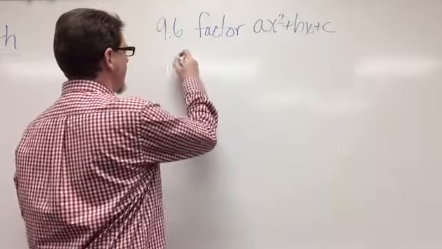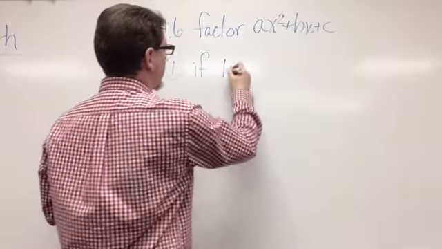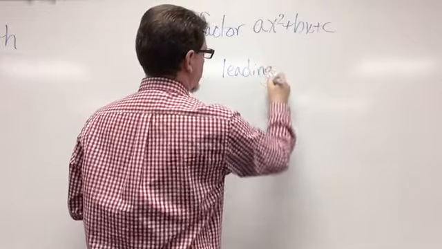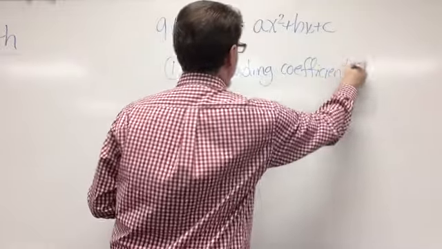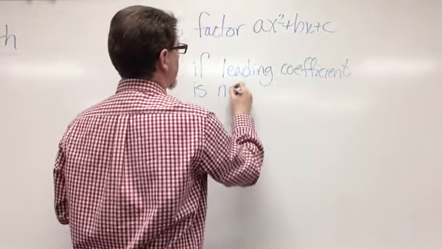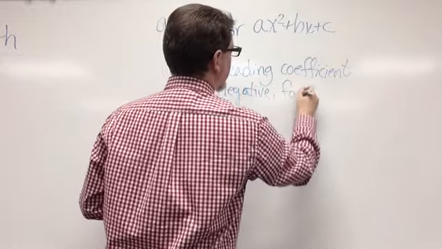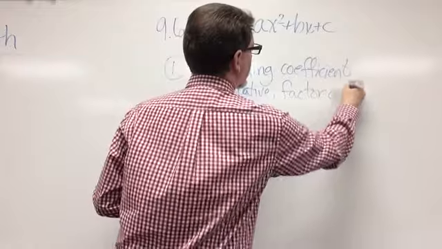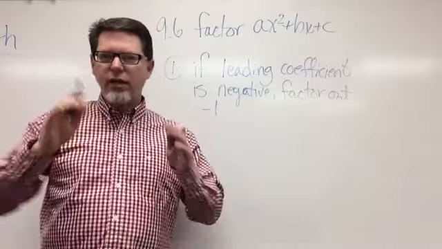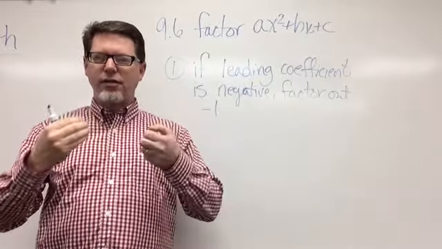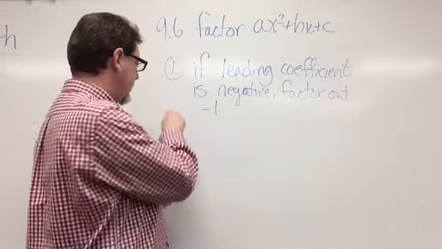First of all, the first thing you need to remember is if the leading coefficient is negative, then factor out -1. If my leading coefficient is negative, I have to factor out that -1 in order to be able to factor the trinomial.